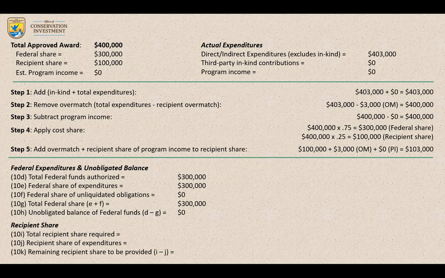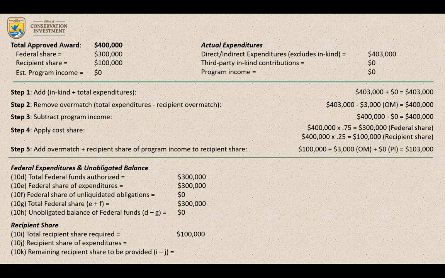Fields 10I through 10K provide information about the recipient share of expenditures and any remaining recipient share to be provided as of the reporting period end date. For 10I, the recipient identifies the total recipient share required. This amount is $100,000 and comes from the Notice of Award amount.